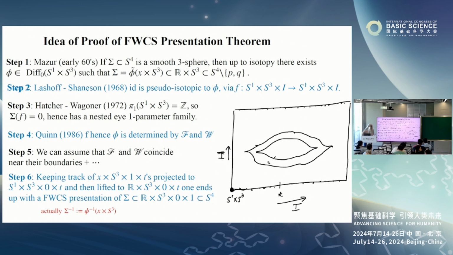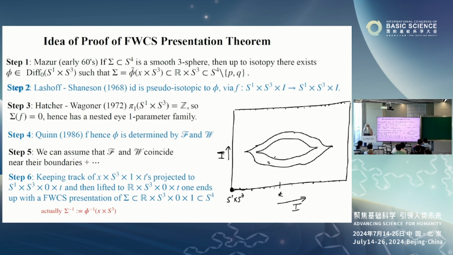Pi 1 of S1 cross S3 is Z, so the first Hatcher-Wagoner invariant equals 0. So that fact, plus the Hatcher-Wagoner theory, says that the pseudo-isotopy has a nested eye.